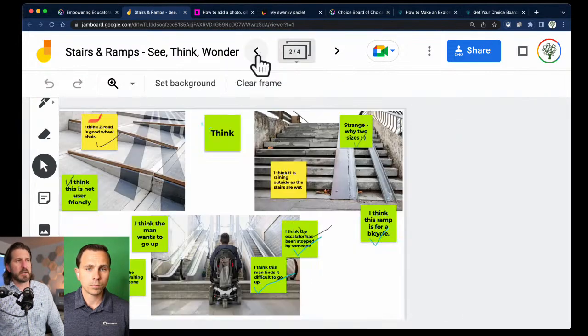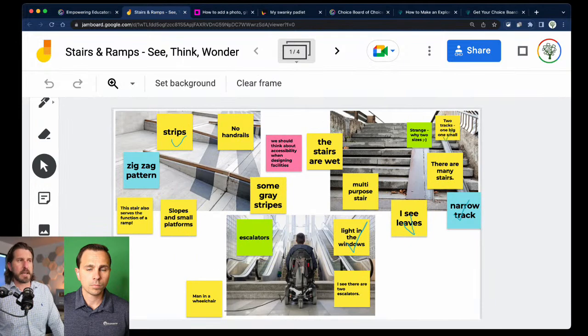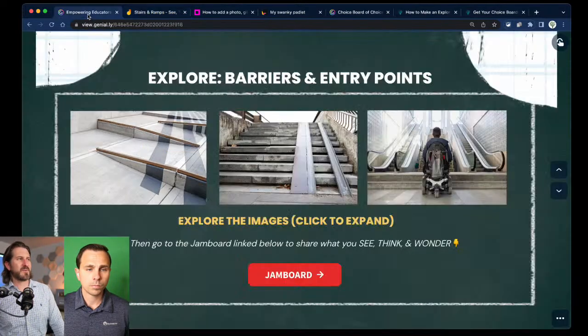The idea here is to get people to process and make meaning of these images, and also to start to elicit some questions, like, maybe even right now you're thinking, why are we looking at images of stairs and ramps?